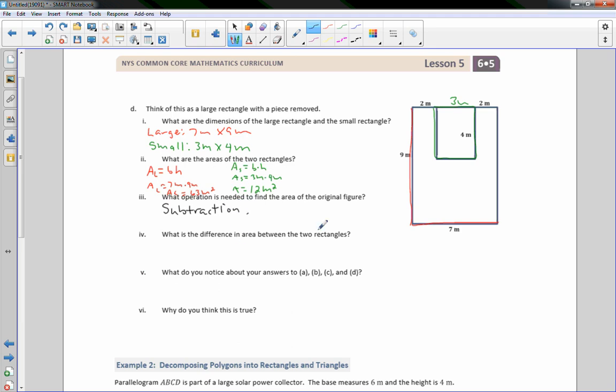What is the difference in area between the two rectangles? So we take the area of the larger minus the area of the smaller, which equals 63 meters squared minus 12 meters squared. 63 minus 12 is 51 meters squared.